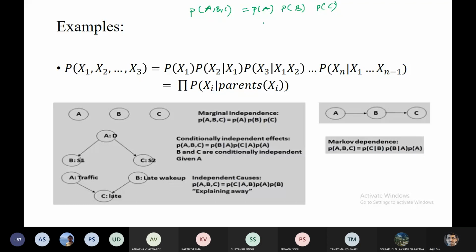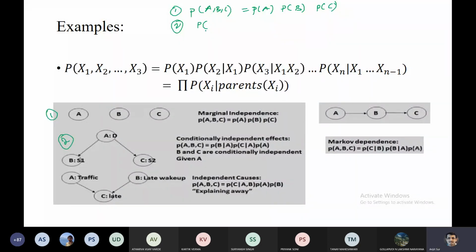Now if B depends on A, so A is a cause, and C also depends on A, but there is no relationship between B and C, then B and C are conditionally independent given A. This is case one, this is case two.